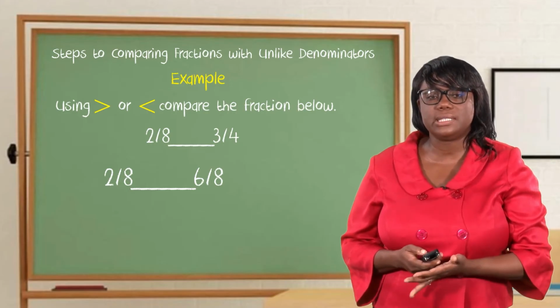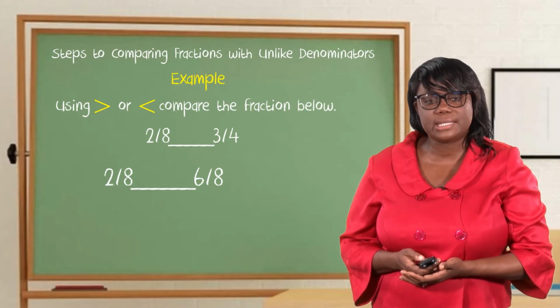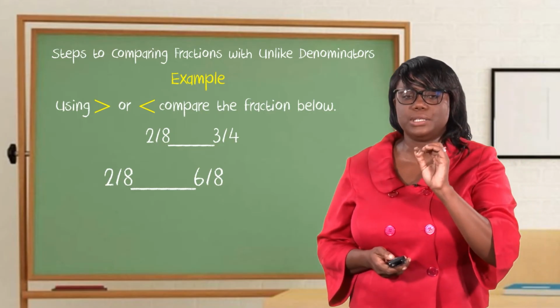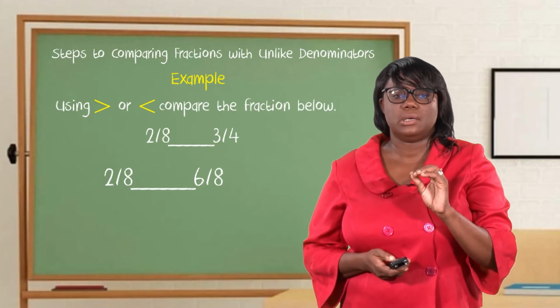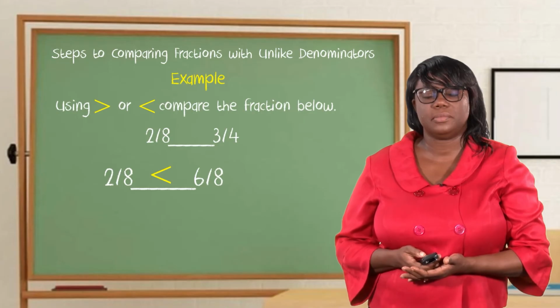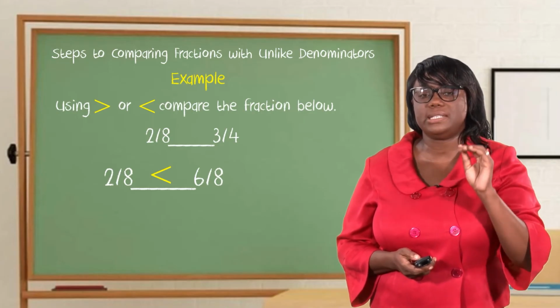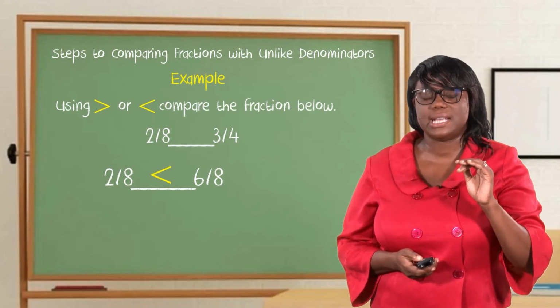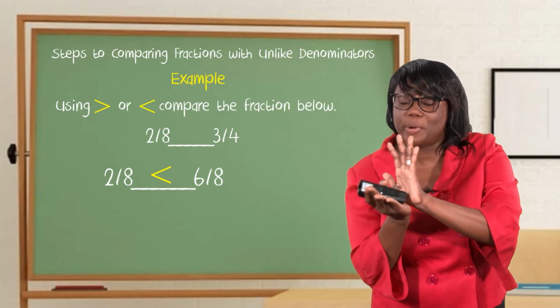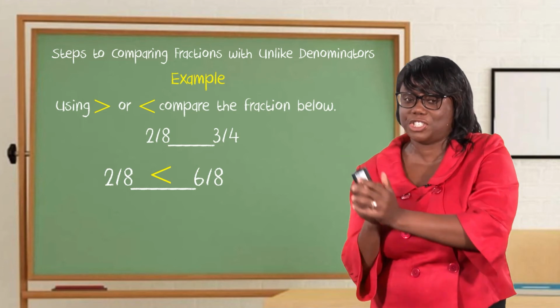So let's look at it carefully. 2/8 and 6/8. We have 2 and 6 as the numerators. So which fraction would be the largest one? The largest fraction would be 6/8. As we would say, the alligator mouth will open to the bigger fraction.